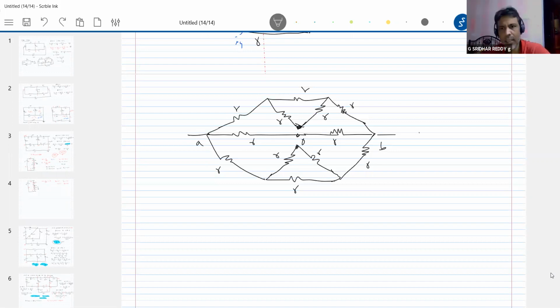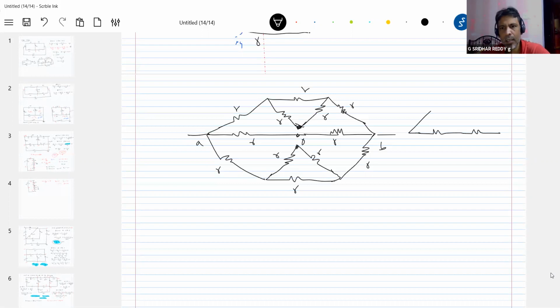The simplified circuit will be R, R. This is point A, this is point B. So this will be 2R, 2R by 3, 2R by 3 plus 2, so 8R by 3. This is called junction removal.